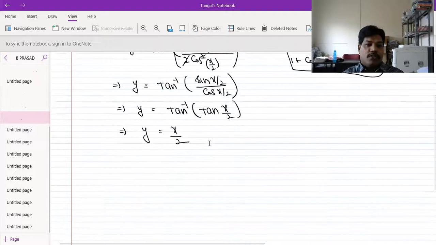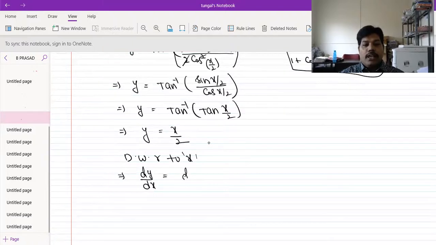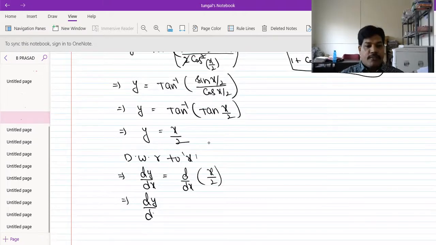Then what can we do, students? Just differentiate with respect to x. What happens? That implies dy by dx is equal to the derivative of x by 2. So dy by dx is equal to 1 by 2, which is a constant.